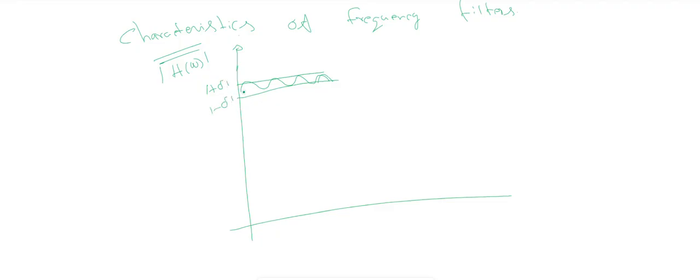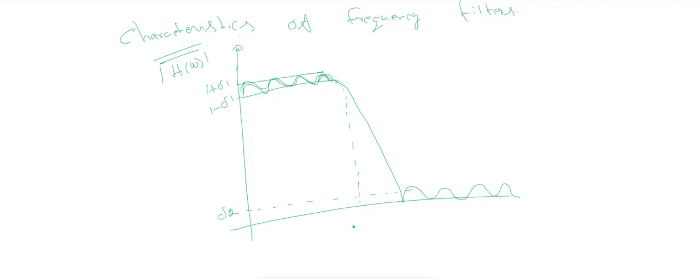This is the ideal characteristic, but in practice it will not be ideal. There will be a transition from pass band to stop band, and there will be ripples in the stop band also, denoted by del 2.